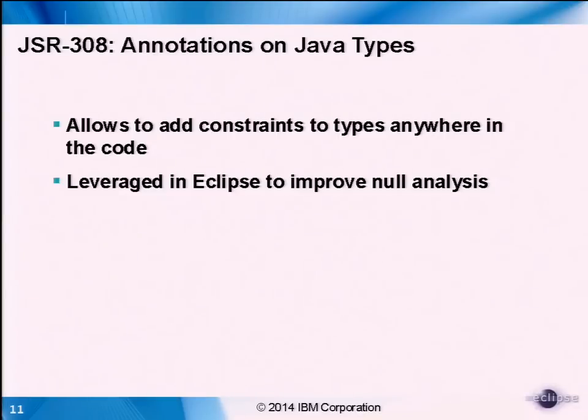And then we can do much more interesting analysis on your code. And only with the annotations on types, it's possible to annotate the parameters, for example, in methods. Before, I would say it was not very useful, but with that, the null annotation analysis becomes very handy, and I think it will get much wider adoption than it did before.